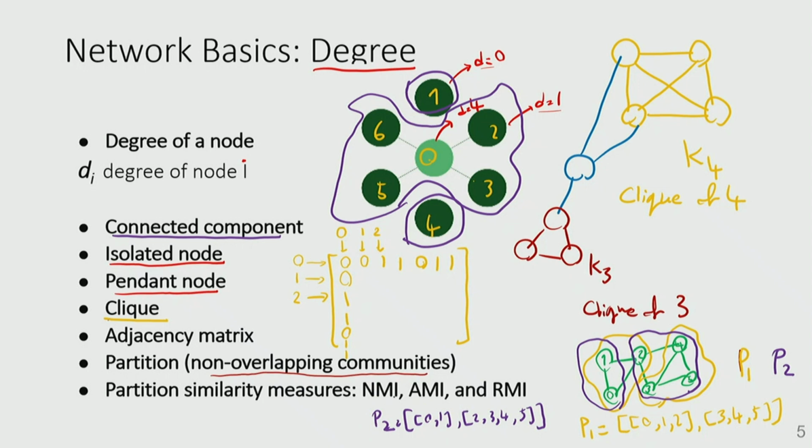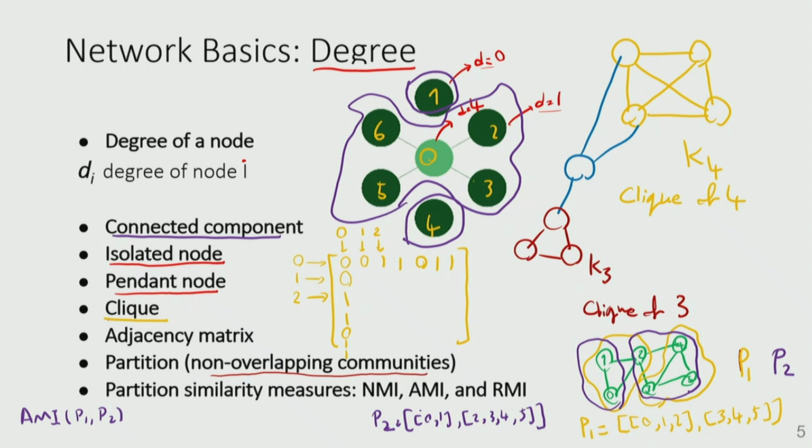NMI, normalized mutual information; AMI, adjusted mutual information; and RMI, reduced mutual information. To give you an example, the AMI, which is a function with Python code available, for P1 and P2 would be a value between 0 and 1, and the closer it is to 1, the more similar the two partitions are.